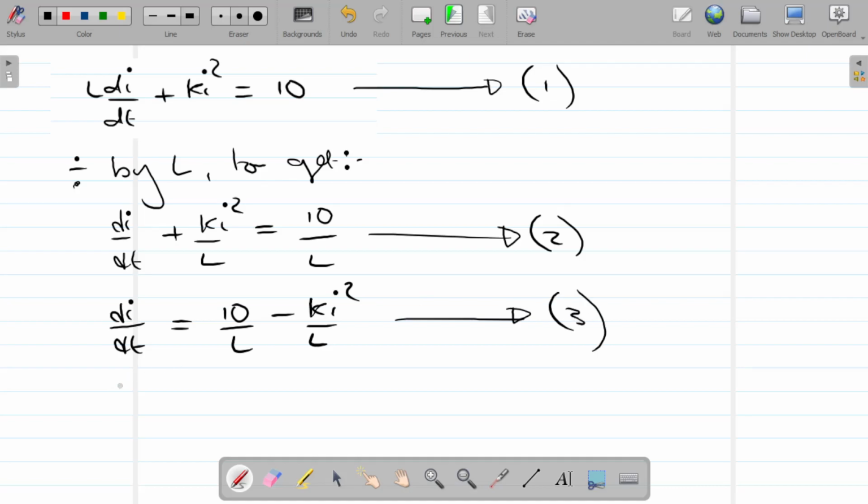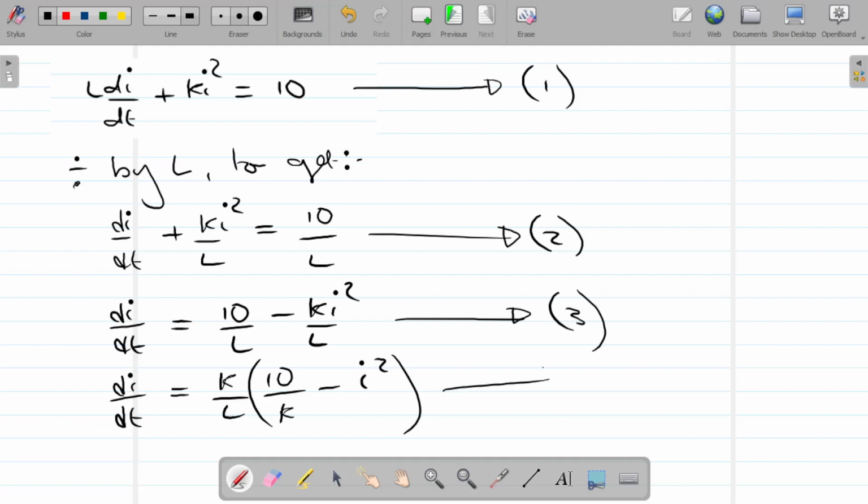We can actually rewrite equation 3 as di by dt equal to K over L times 10 over K minus I squared.